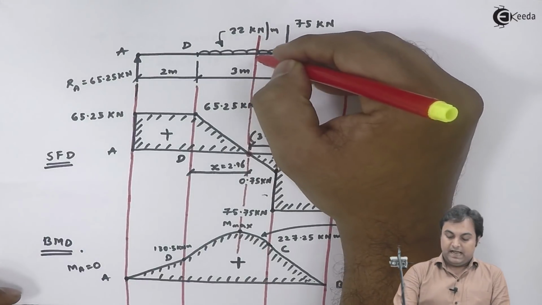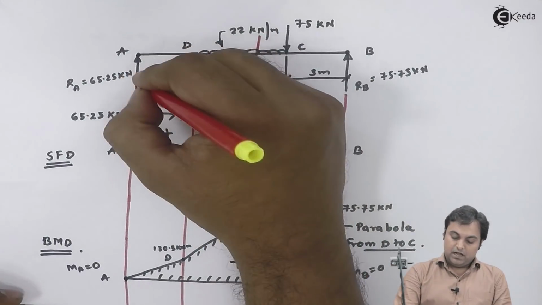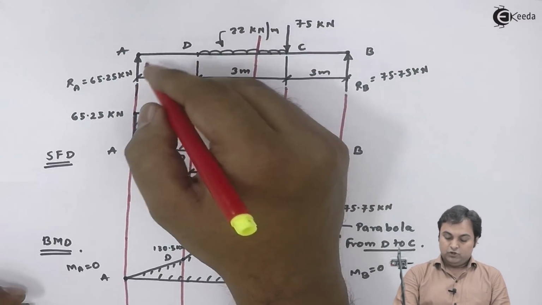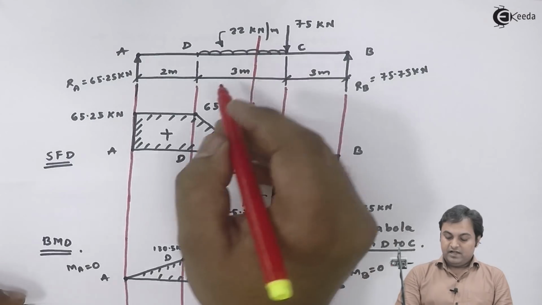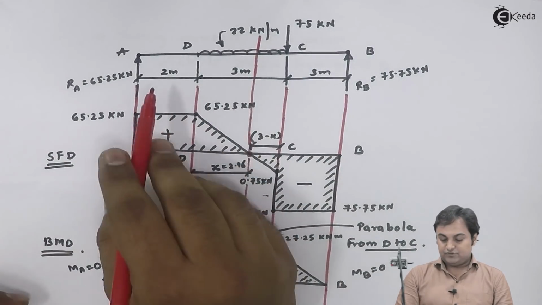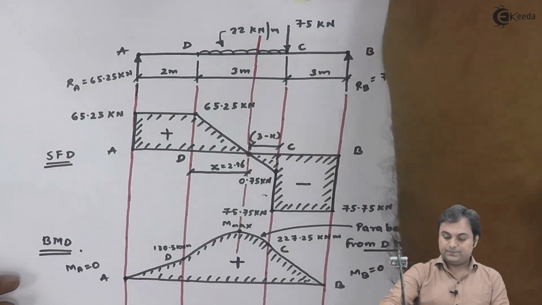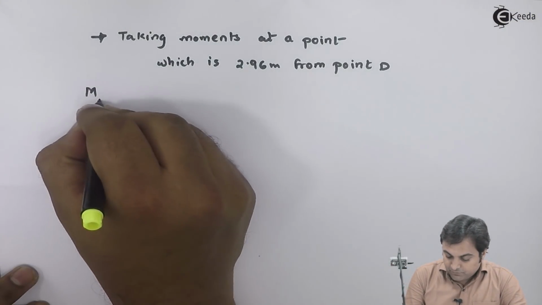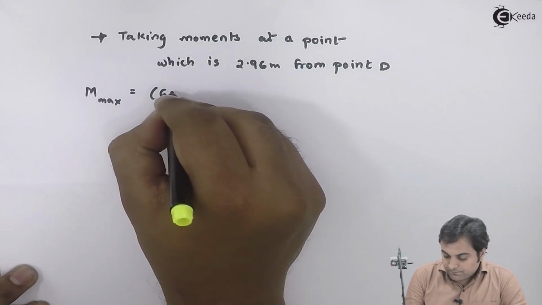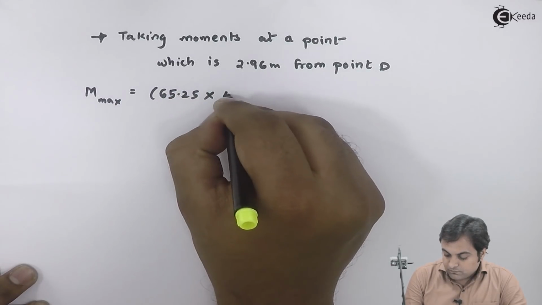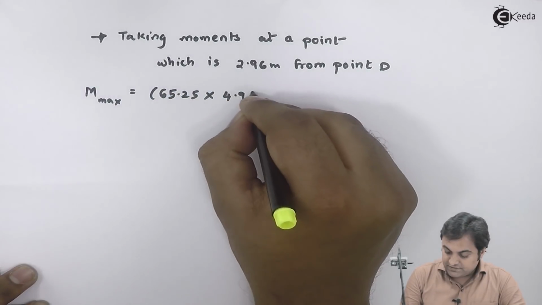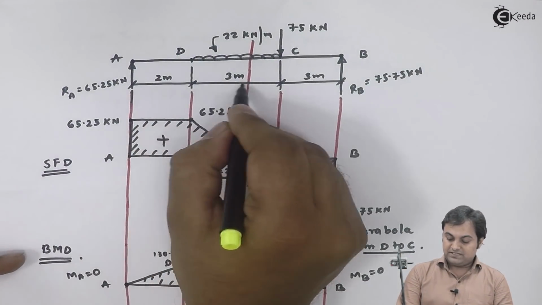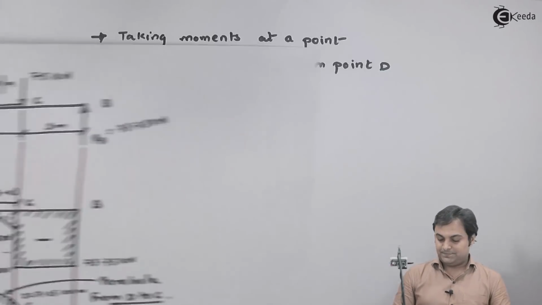Here is my section, and if I see to the left of section, RA will be producing clockwise moment, so that has to be taken positive. So plus 65.25, and the distance is 2 plus 2.96, so it is maximum bending moment equals 65.25 into 4.96, because this distance is 2 plus 2.96, that is 4.96.